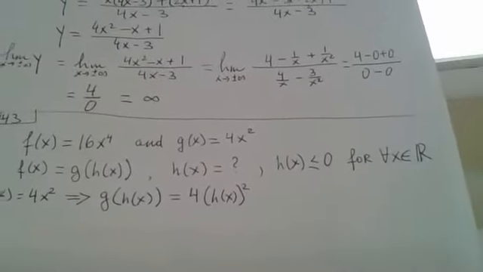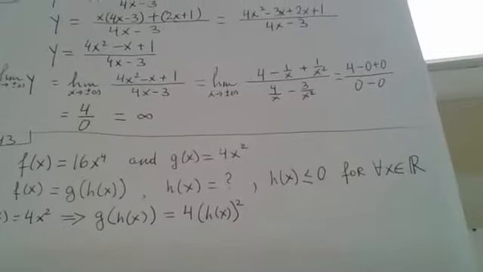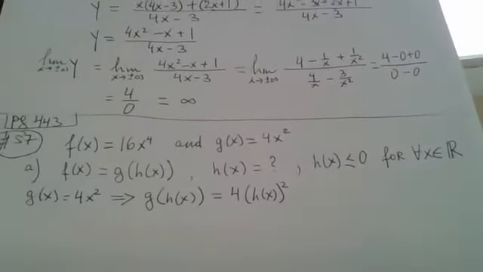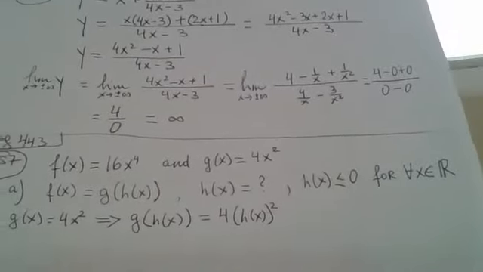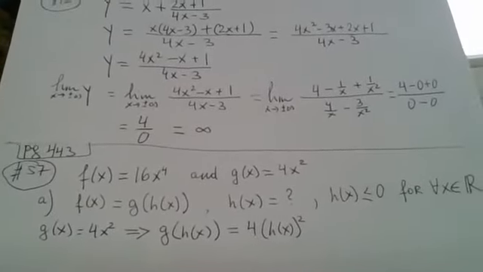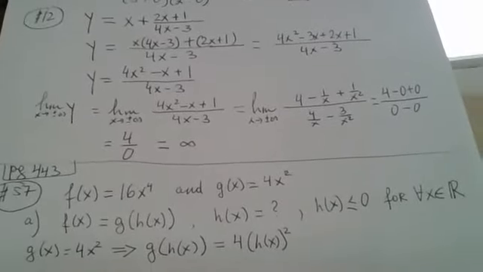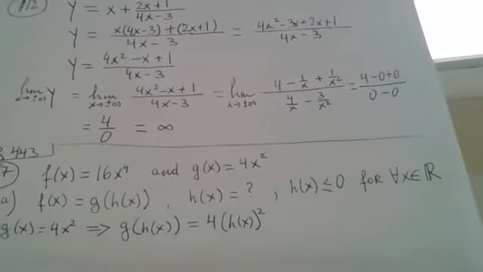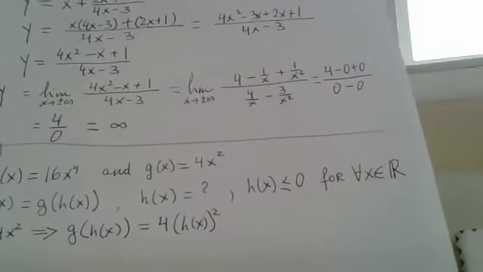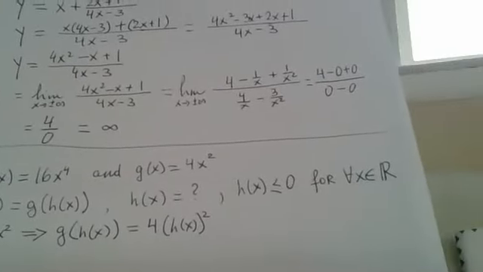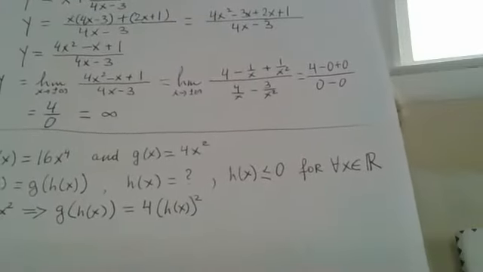Inside piece in this composition or interior function is h at x. According to the formula for g at x, what should I do? Everything what I had in parentheses next to g symbol, I need to raise to the second power and multiply result of that power by 4. This is why I'm doing that now. Inside, after g, I have h at x. I need to square it and multiply by 4. So far, so good?